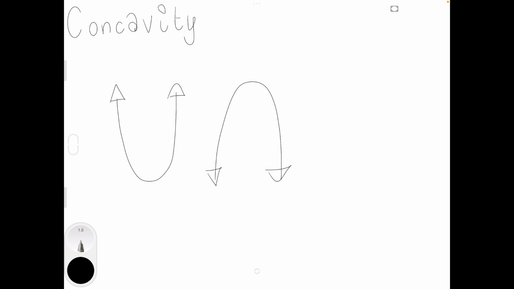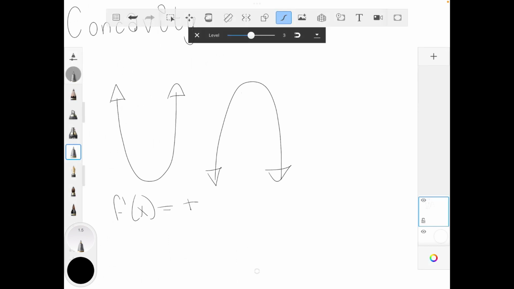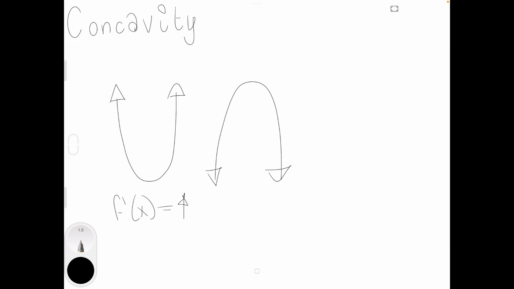So that's always increasing. So when it's concave up, the first derivative has to be increasing. Let's do a little up arrow for increasing.